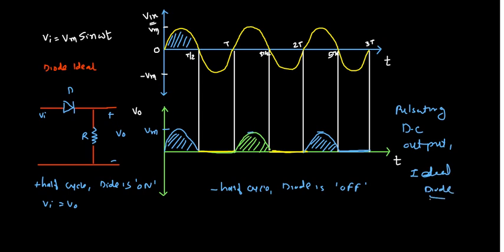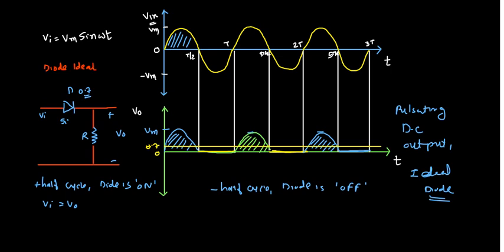Now if you consider that the diode is not ideal, what will happen? Suppose the diode is a silicon diode. Because of the silicon diode, the 0.7 drop of the diode will be there. Suppose this is the 0.7 reference line, this is 0.7, this is 0.